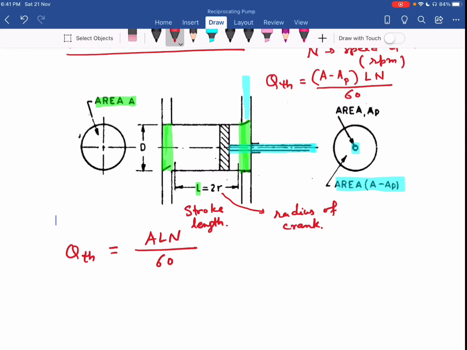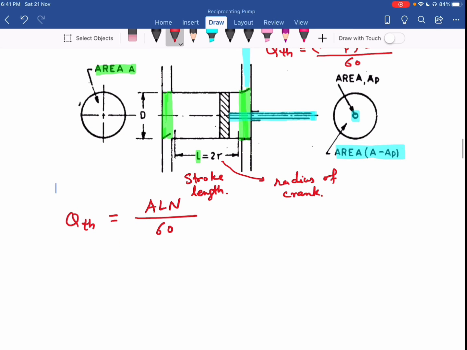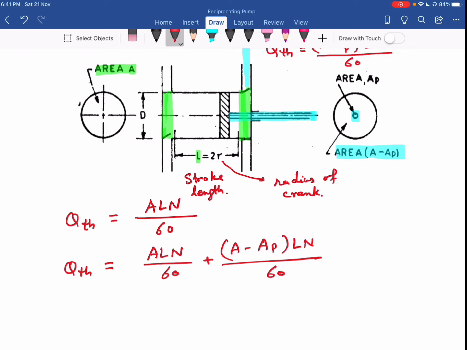Now if I talk about the total discharge during one cycle, the discharge per second I can write as ALN divided by 60 plus (A minus AP) LN divided by 60.